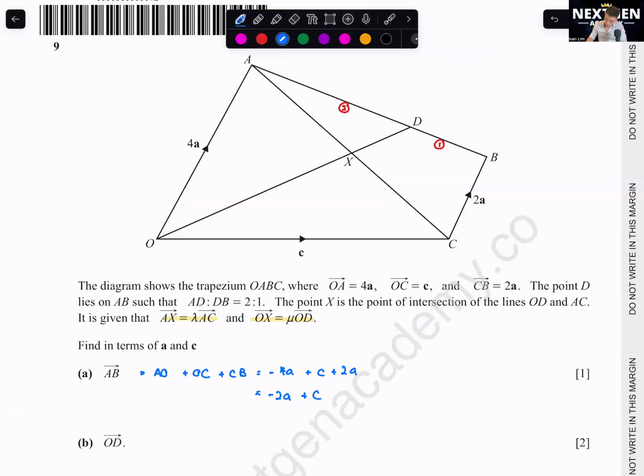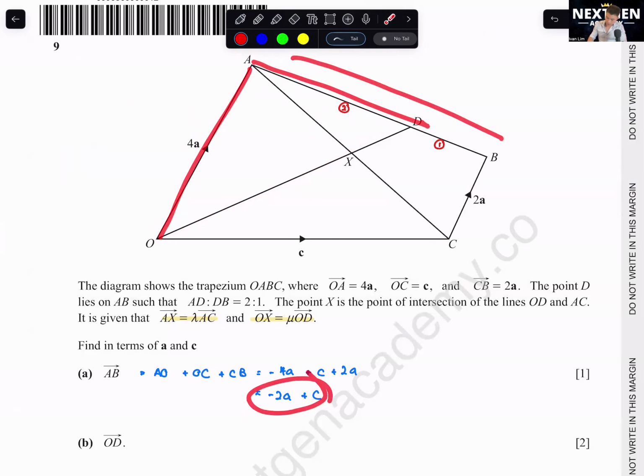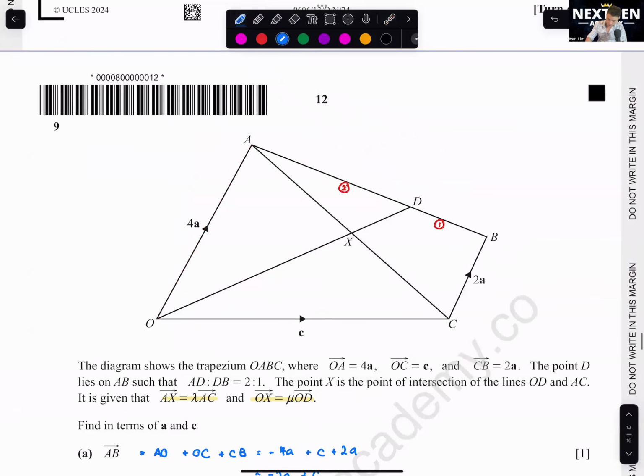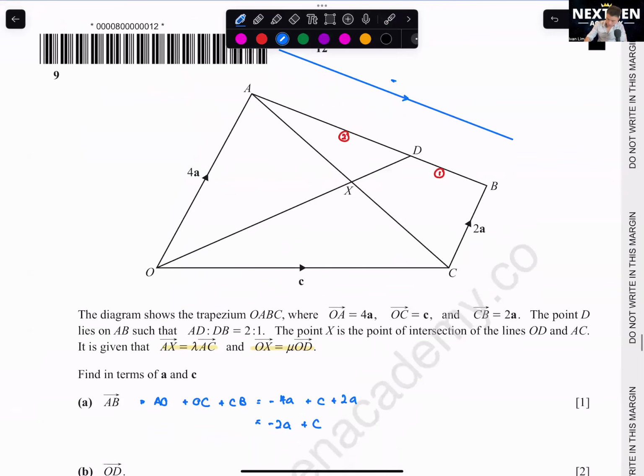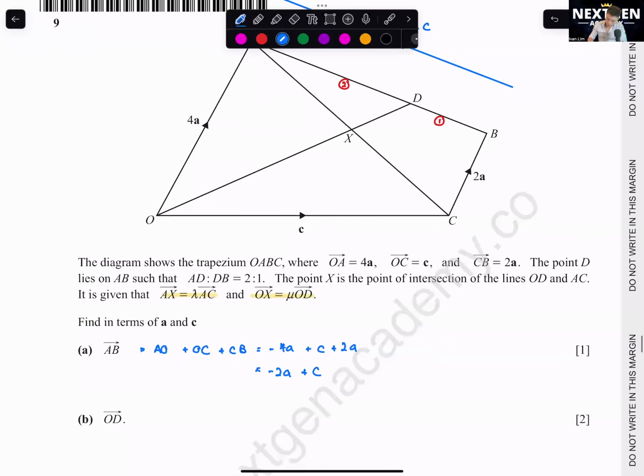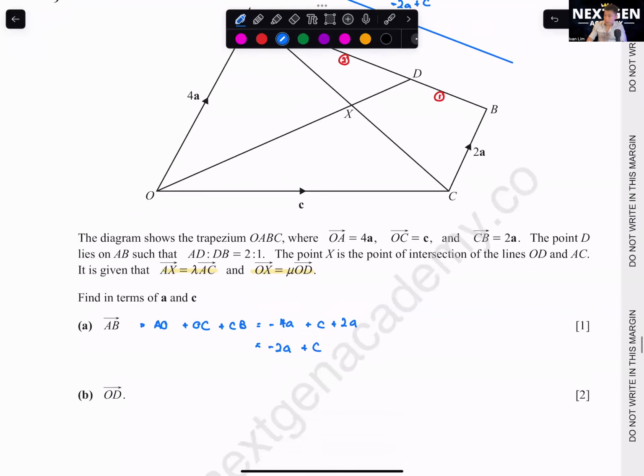Next one, OD. Where is OD? Here to here. We can use OA plus AD. From here we already got minus 2A plus C. So let's label this down first so we can see. This whole thing is minus 2A plus C. I want to use OA plus AD.